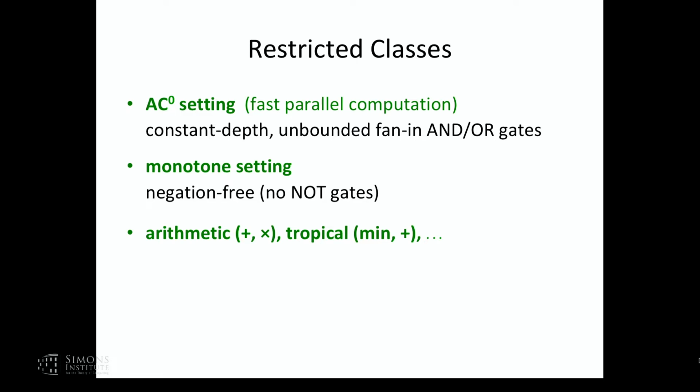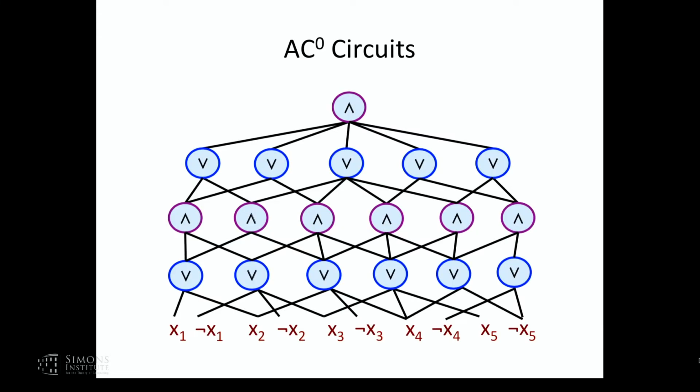And the monotone setting, where we don't allow negations. There's also the arithmetic setting, where you're computing over fields, and you have plus and times gates, and tropical circuits and so on. And restrictions play a role in, at least, AC0 and arithmetic settings.